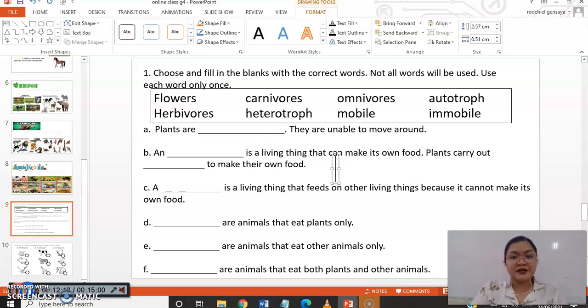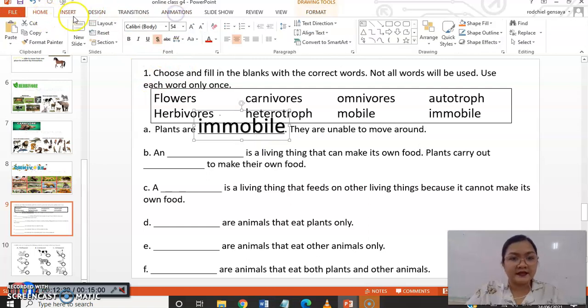What is your answer? 5, 4, 3, 2, 1. Okay, very good. Plants are immobile. You're just going to write the answer and put it on the blank. Okay, did you understand? Activity number 1.